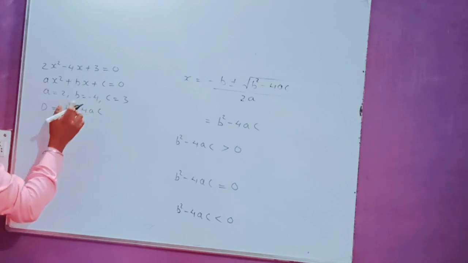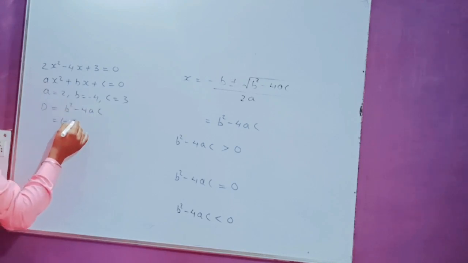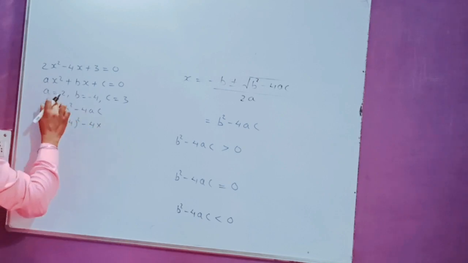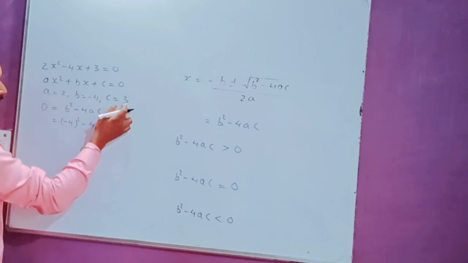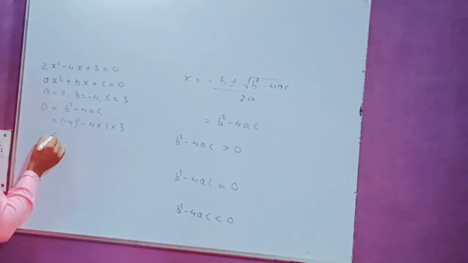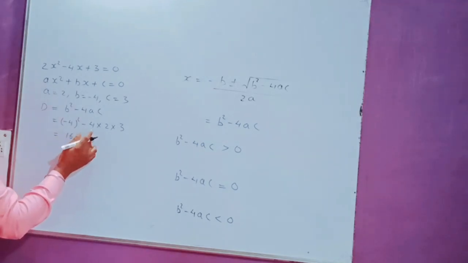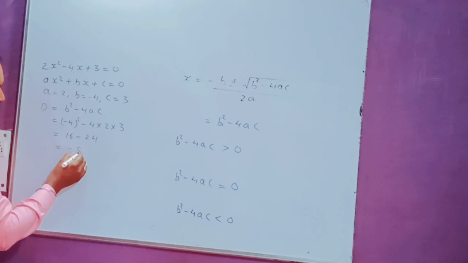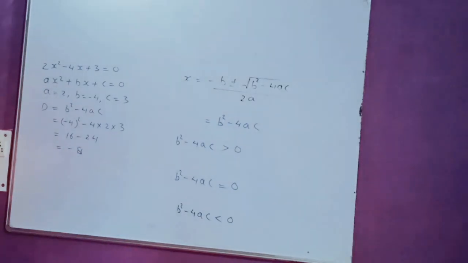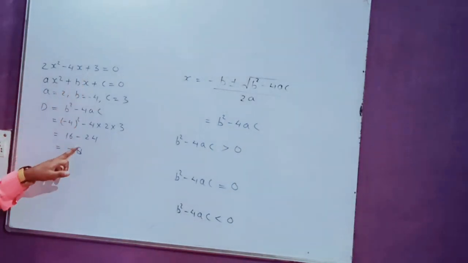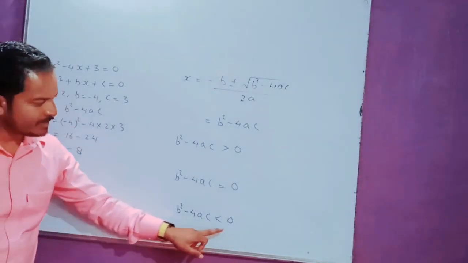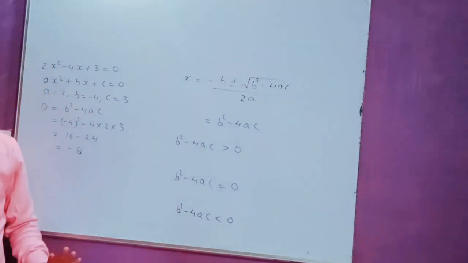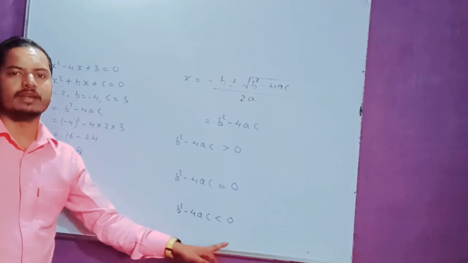It means minus 4 whole square minus 4 into a, which is 2, into c, which is 3. If you simplify it, then 16 minus 4 times 2 times 3 is 24. 16 minus 24 is minus 8. It means the discriminant D of this quadratic equation is minus 8. Minus 8 means negative. It means the discriminant is negative, hence it has no real roots.